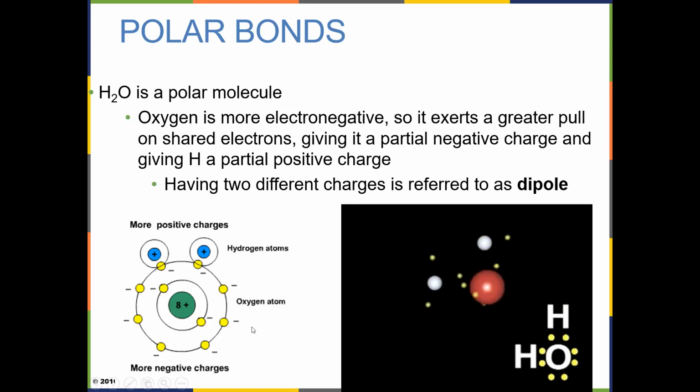Anyway, oxygen is electronegative. And when oxygen and the hydrogens combine to form water, the charge from the protons in the nucleus of the oxygen atom tends to draw all the electrons down towards the nucleus.